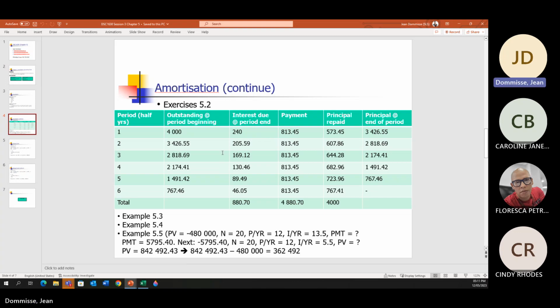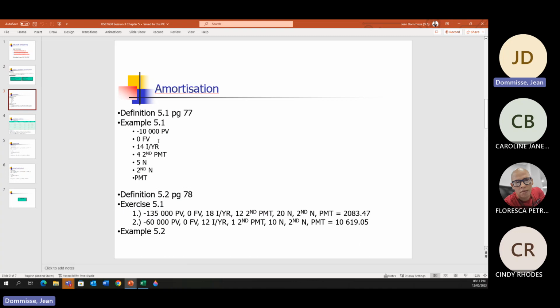So they can do it this way, or they can also ask you a certain number of questions around amortization.